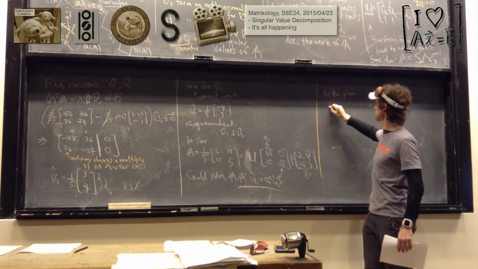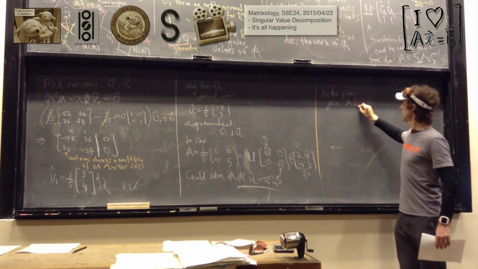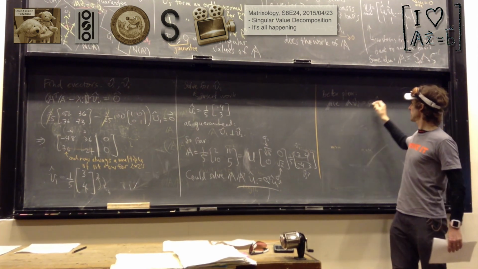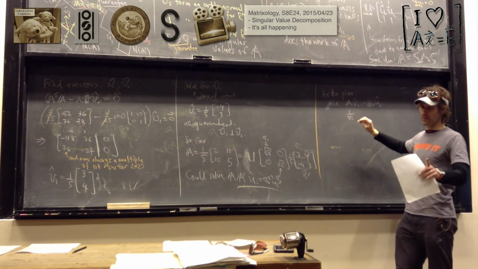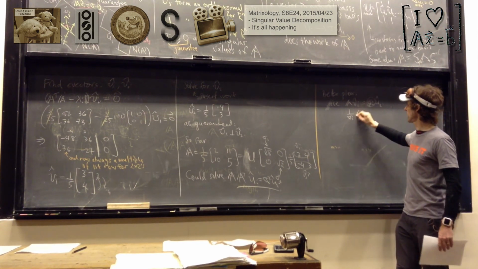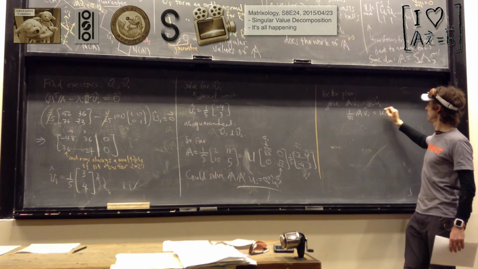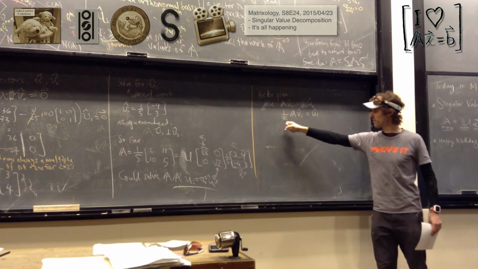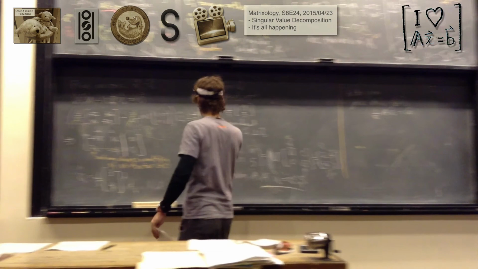Because we're guaranteed this, we just use this fact: A times V I equals sigma I times U I. And so we can just divide through by the sigmas, at least for the ones where there's a real sigma. So A V I over sigma I equals U I. Just compute A times the eigenvectors that we ended up with and divide them by sigma I.